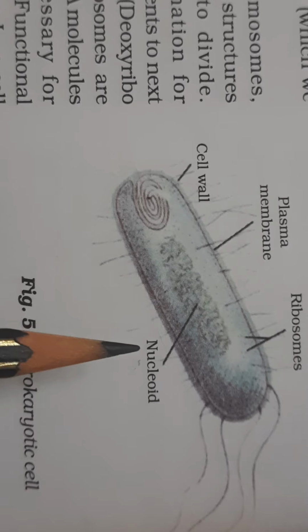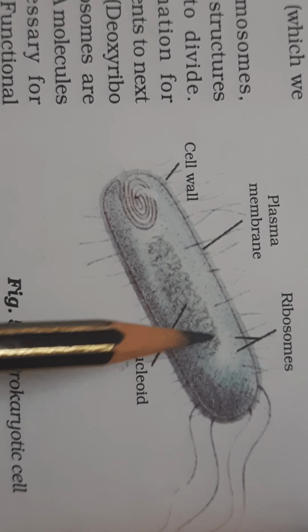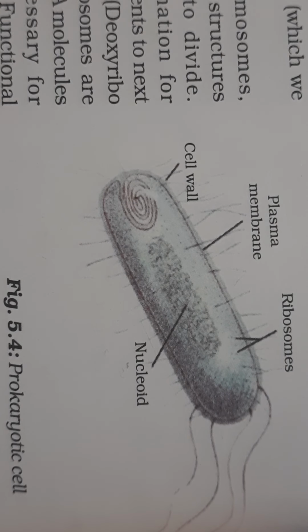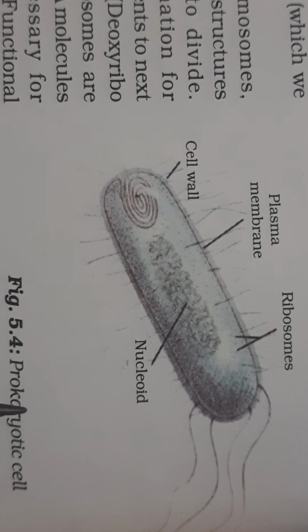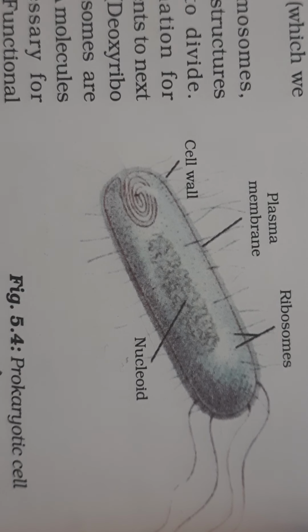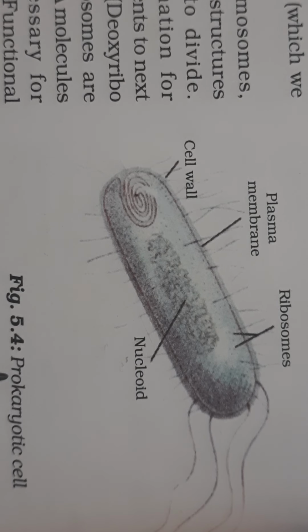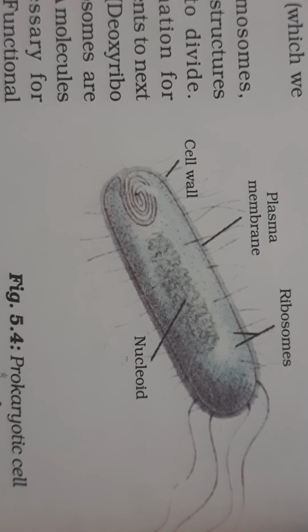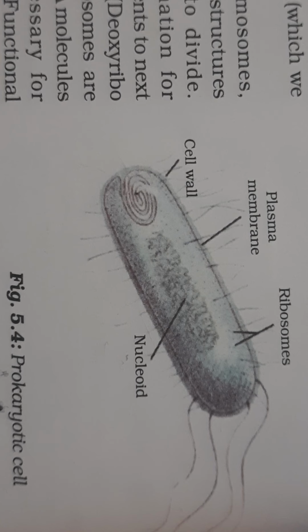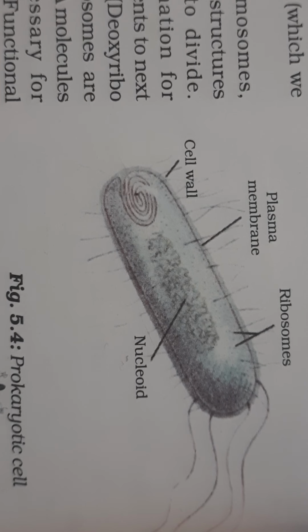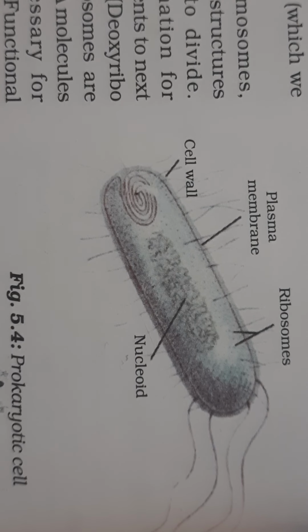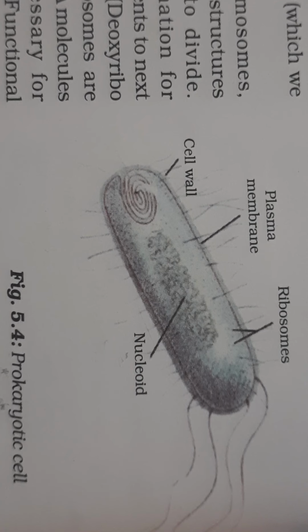Pro means primitive, the oldest ones, and karyon means the nucleus. So these are the prokaryotes, the very primitive organisms.